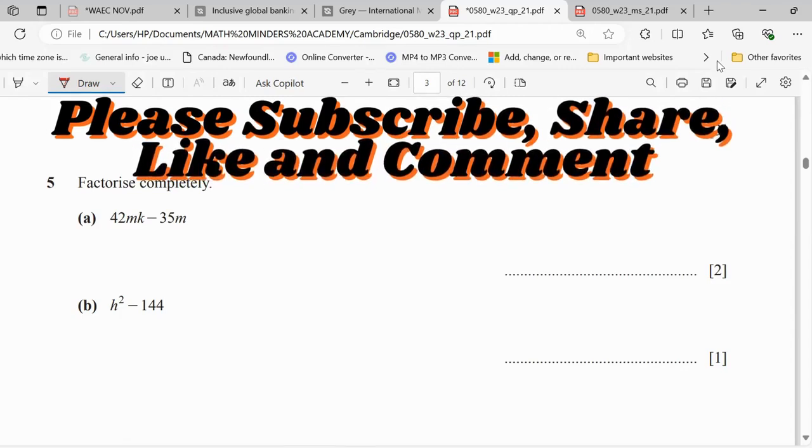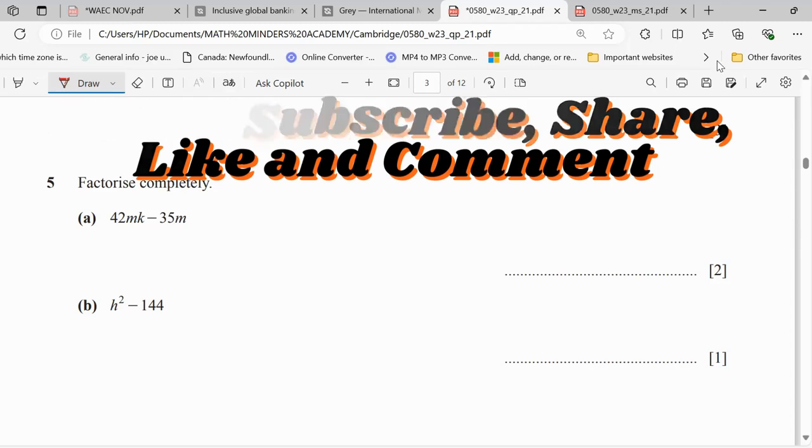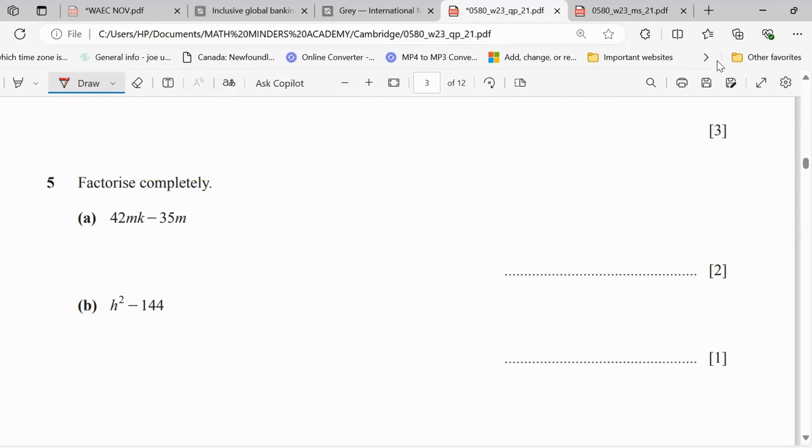Let's proceed to question number 5. We want to factorize this. First, let's look at 42 and 35. What's the common factor? The HCF, the highest number that can divide 42 and 35, is 7. So we'll bring 7 out. And here, M is common between both terms. We also bring it out here.